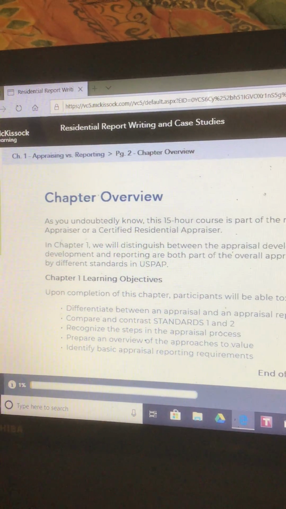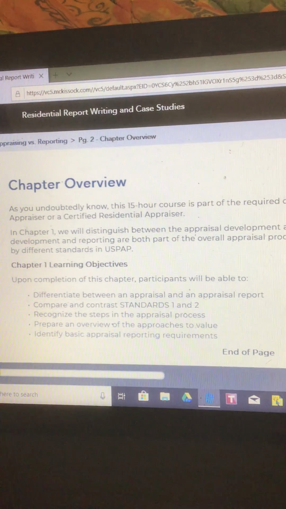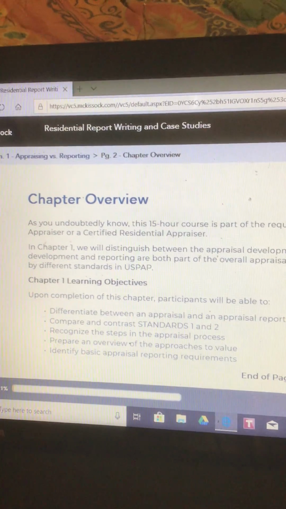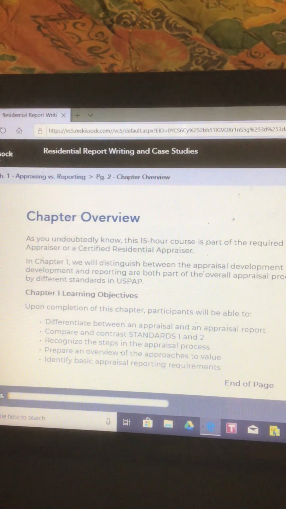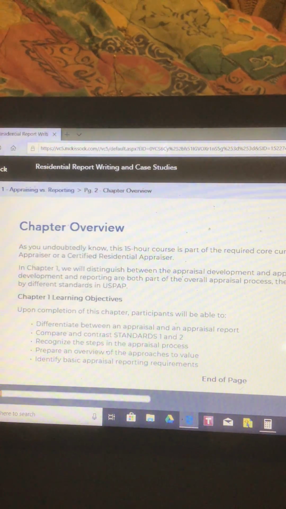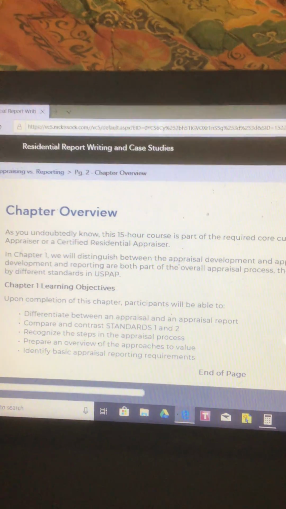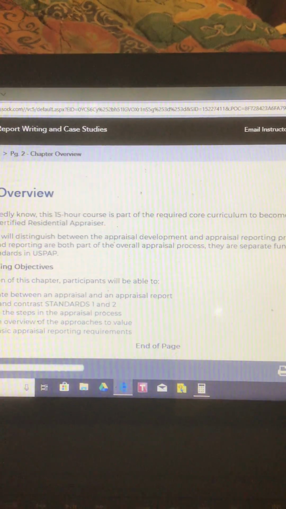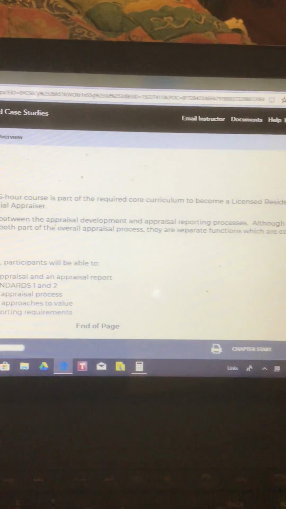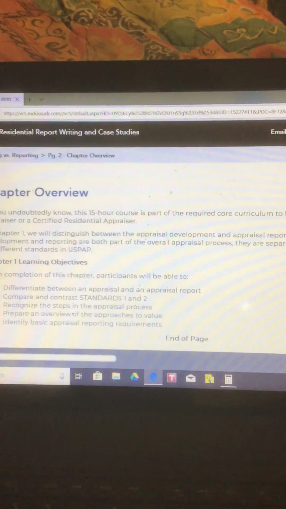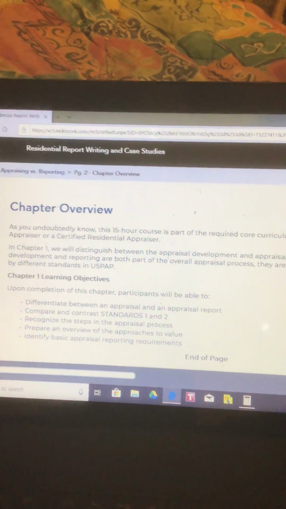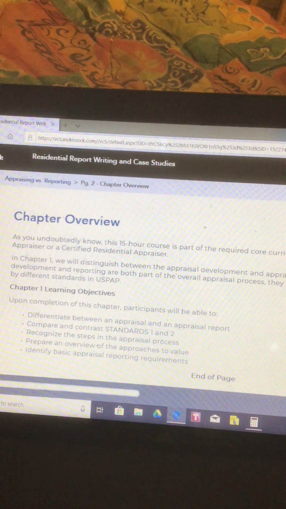Chapter 1, Appraising versus Reporting, page 2, Chapter Overview. As you undoubtedly know, this 15-hour course is part of the required core curriculum to become a licensed residential appraiser or a certified residential appraiser.